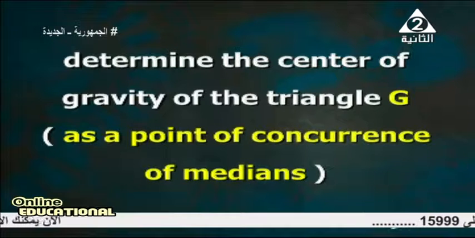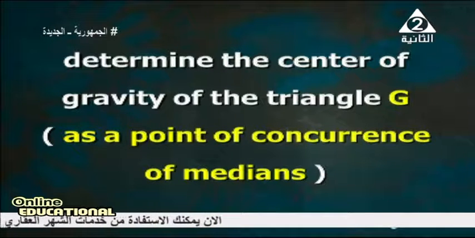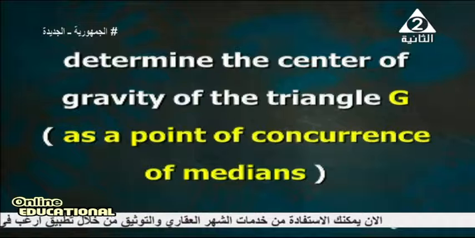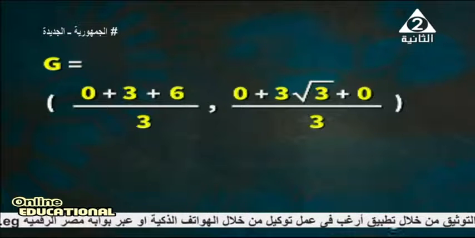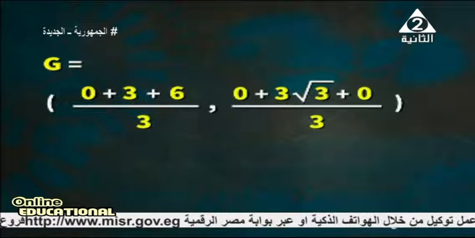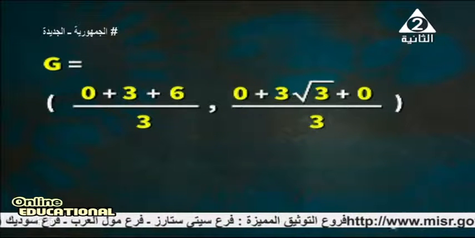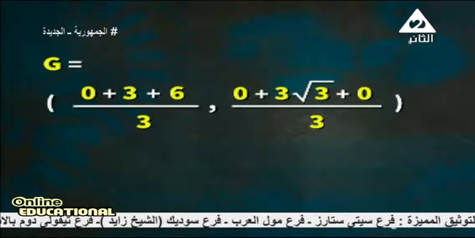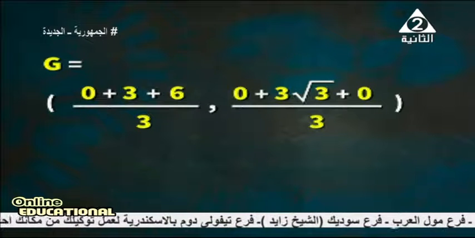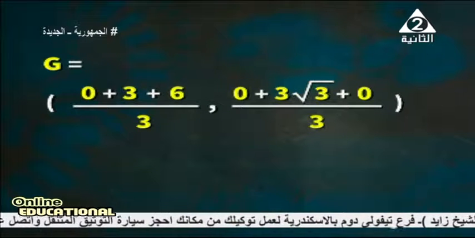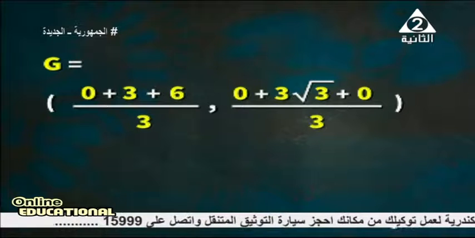Instead of distributing the mass of the triangle at its vertices, determine the center of gravity of the triangle G as the point of concurrence of medians. What is the centroid? The centroid means x1 plus x2 plus x3 over 3, y1 plus y2 plus y3 over 3.